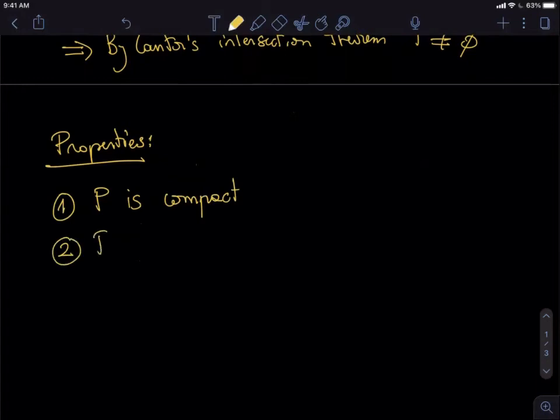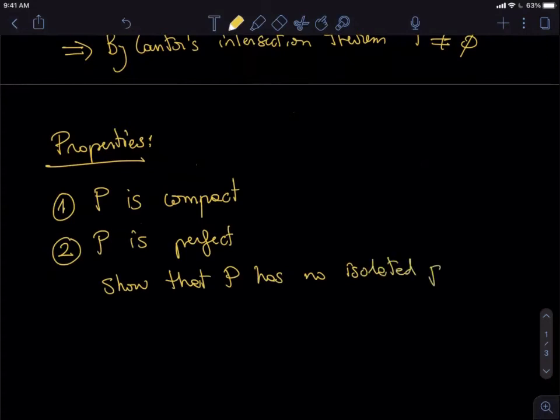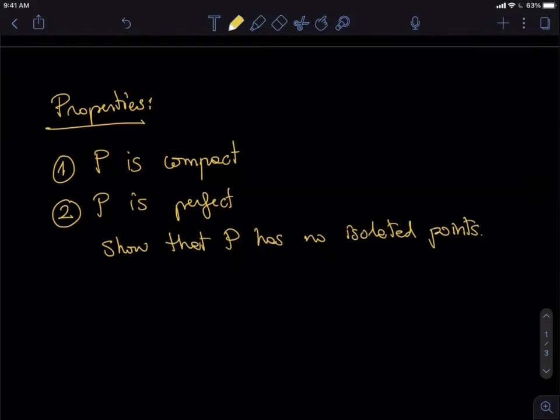The second one is that P is perfect. For this, you need to show that P has no isolated points. Okay, the details are in the book. The third property is that P is uncountable.